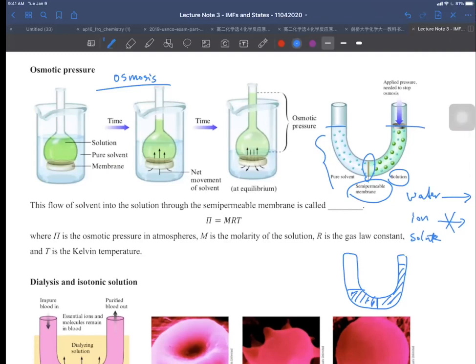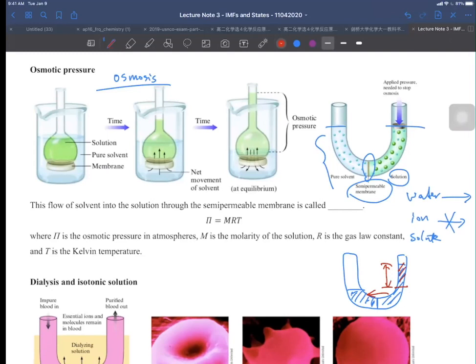So when the two sides are in balance, there will be a new pressure produced. The height difference will produce a pressure that prevents the water molecules from continuing to flow to the right side, right?